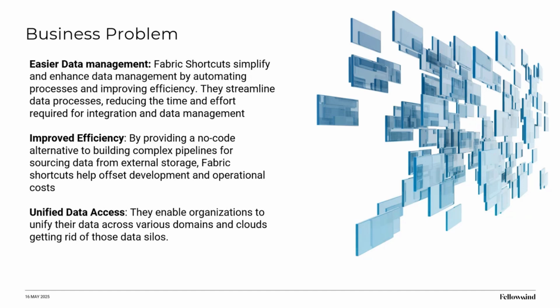With the improved efficiency, as we can provide a no-code alternative to building complex pipelines for sourcing data from external storage, Fabric shortcuts can help offset development and operational costs. They also unify data access, as they enable organizations to unify different sources and domains more seamlessly.